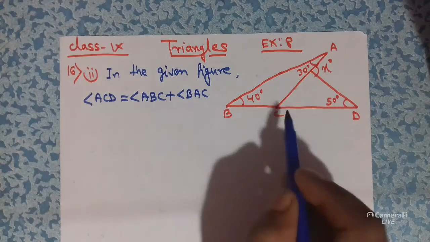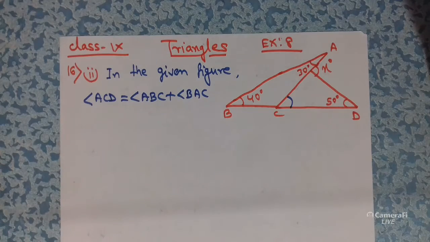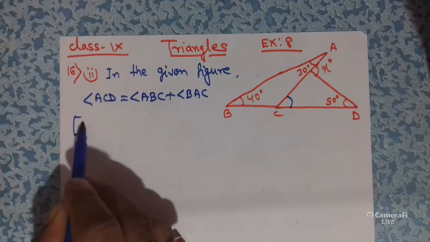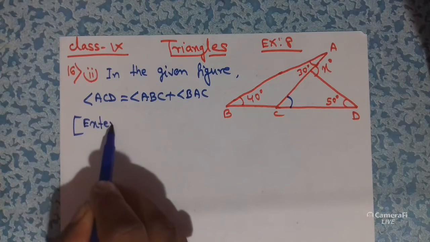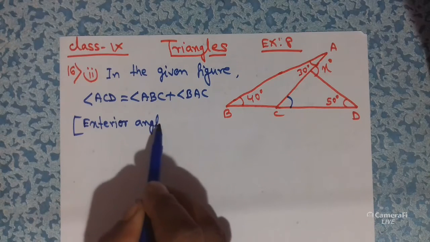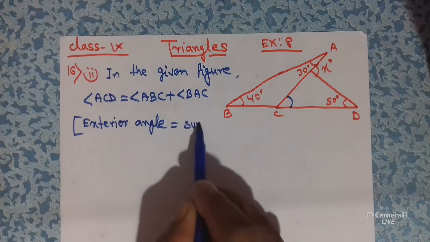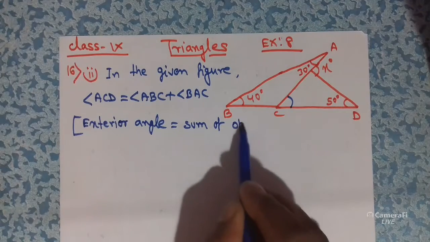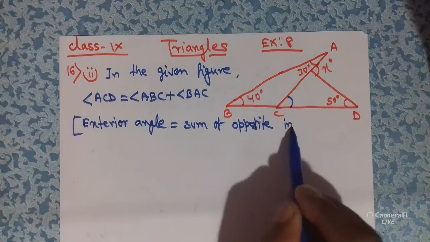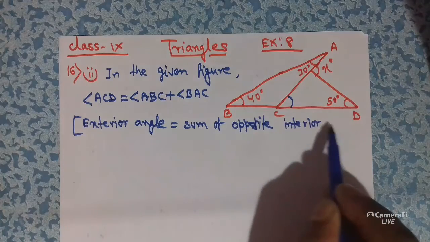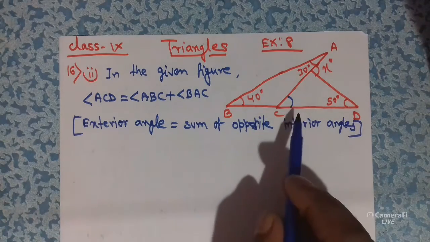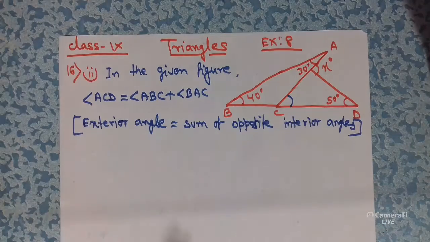Because in triangle ABC this one is an exterior angle, so we know that the exterior angle is equal to the sum of the opposite interior angles. So exterior angle is equal to the sum of the opposite interior angles.